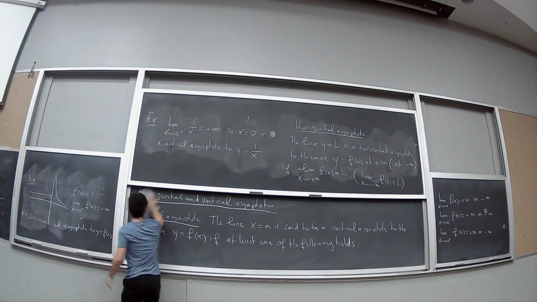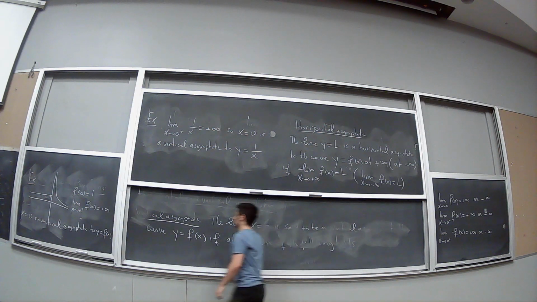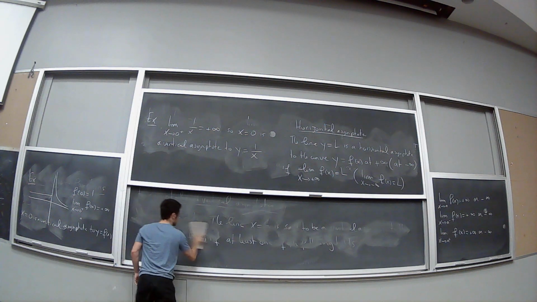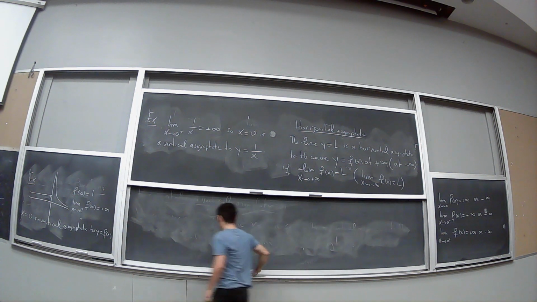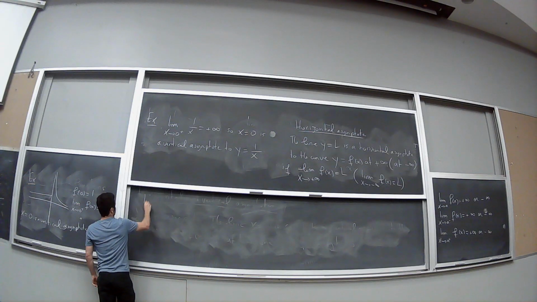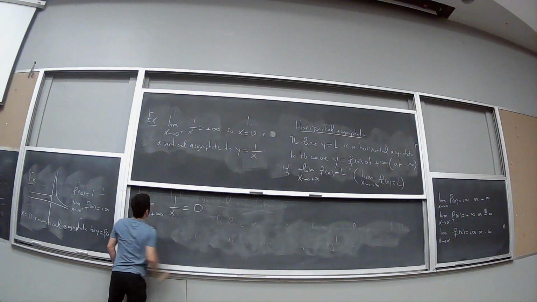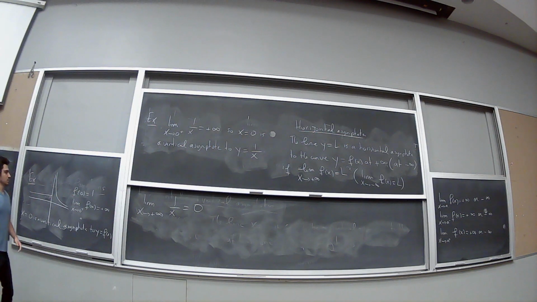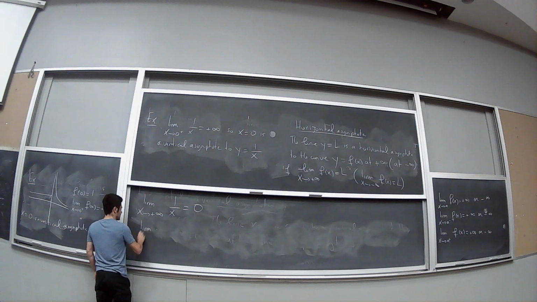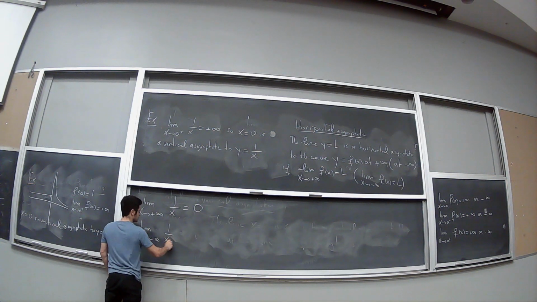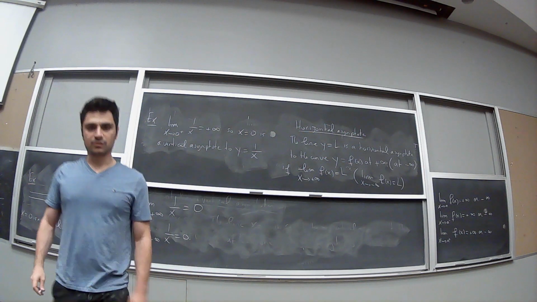Very good. Now, what are the horizontal asymptotes to the curve y equal 1 over x? To find the horizontal asymptote at infinity, I just have to look at the limit as x goes to plus infinity of 1 over x, and I get 0. And if x goes to minus infinity, it's also 0.